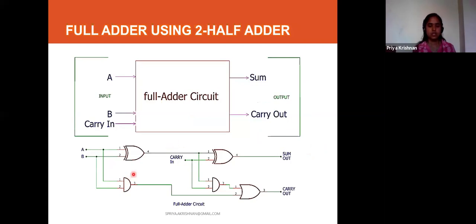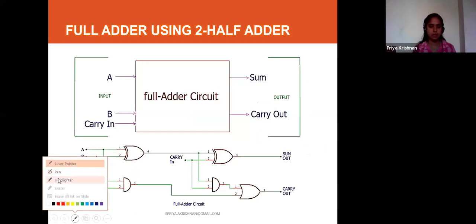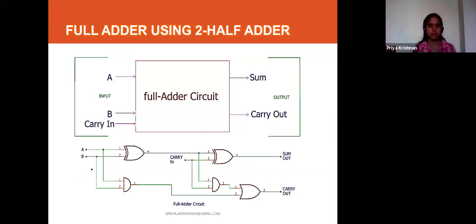See, it is shown here along with the logic diagram. So this is my first half adder. This is my second half adder. And what is extra? The OR gate is extra.